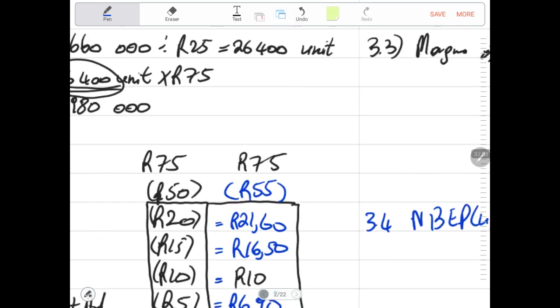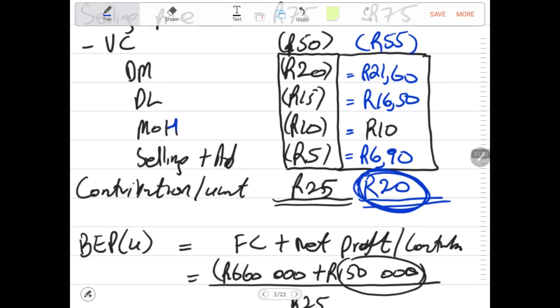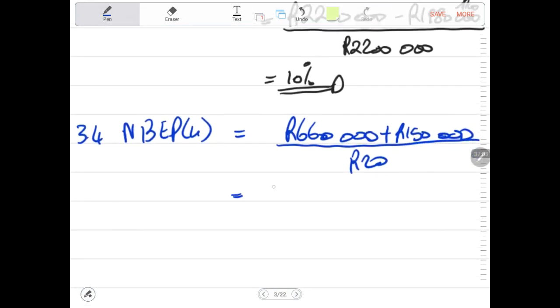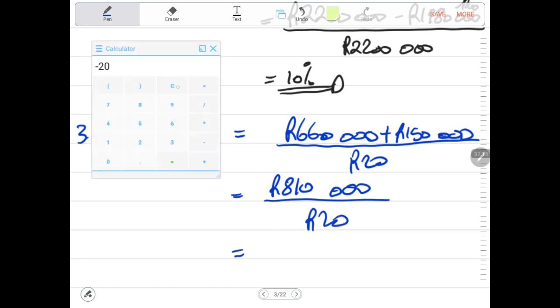We divide by the new contribution, which is 20 rand that has been provided or calculated before. Then I will see how much it will be. This is 810,000. We divide this by 20 rand in order for us to get to the new break-even point. So 810,000 divided by 20 rand gives us 40,500 units.